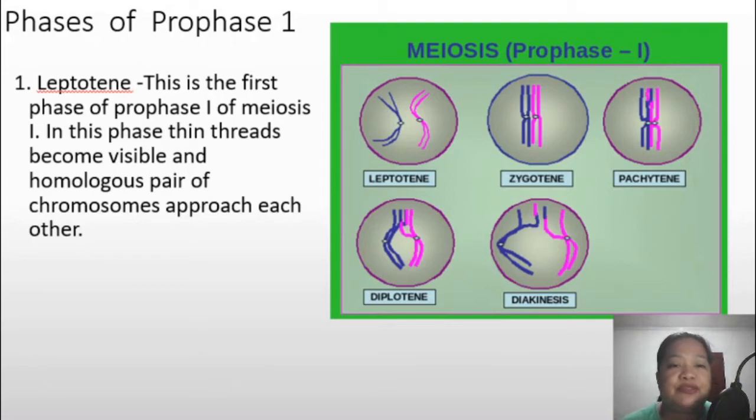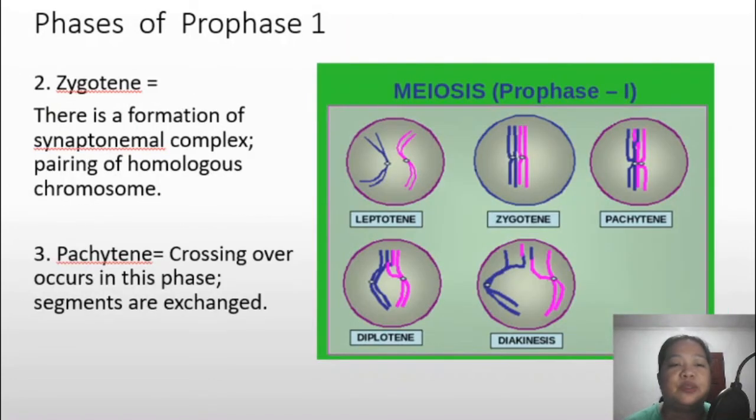In this phase, thin threads become visible and homologous pairs of chromosomes approach each other. So this is the leptotene. Second stage of prophase 1, zygotene: formation of the synaptonemal complex, pairing of homologous chromosomes.